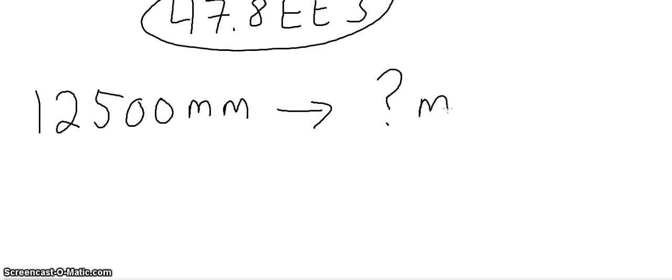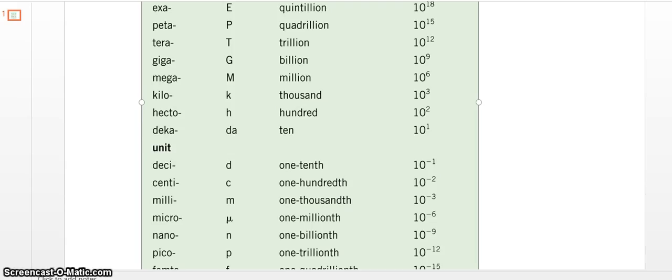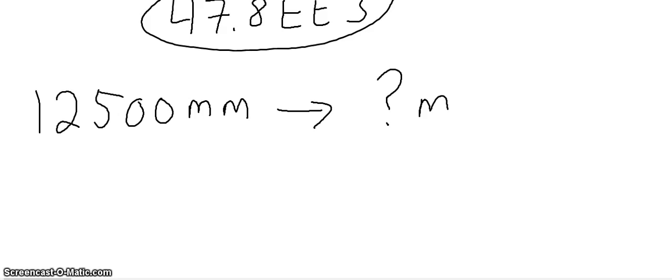Let's look back at our metric prefixes, and milli is 1,000th, or times 10 to the minus third. The symbol that we use is lowercase m, and of course that's what we've done here.